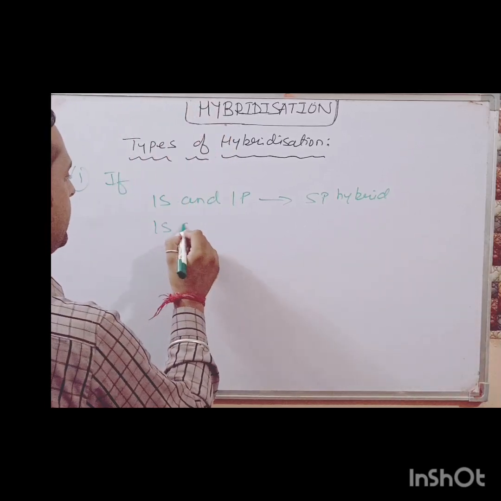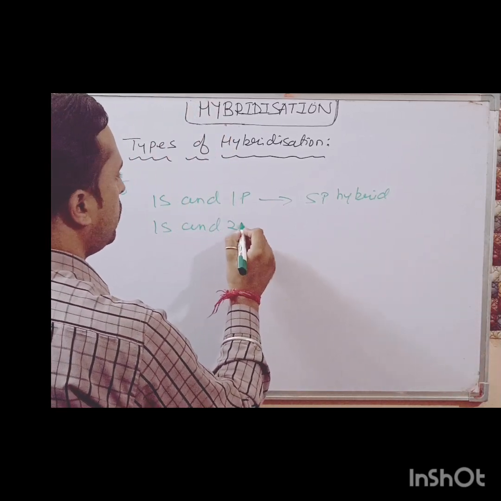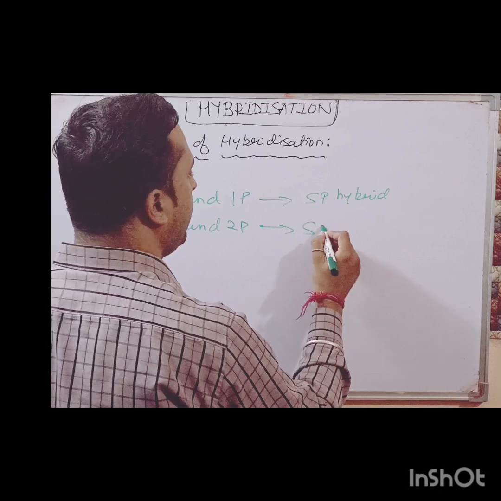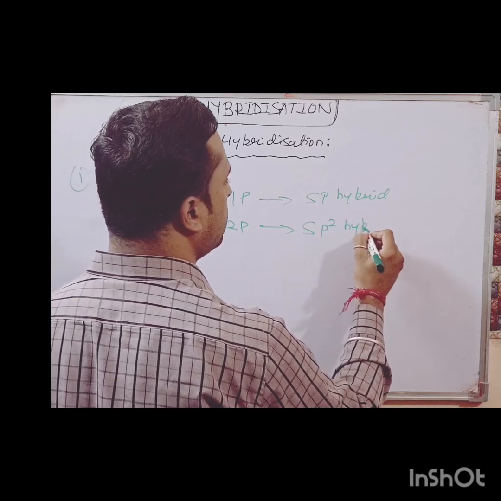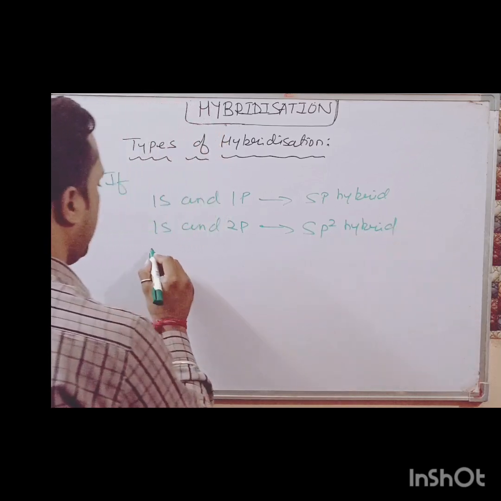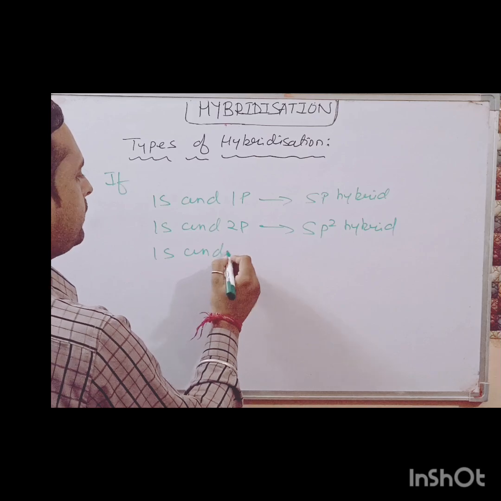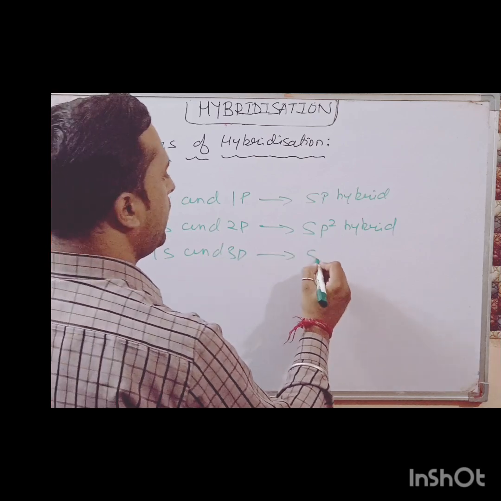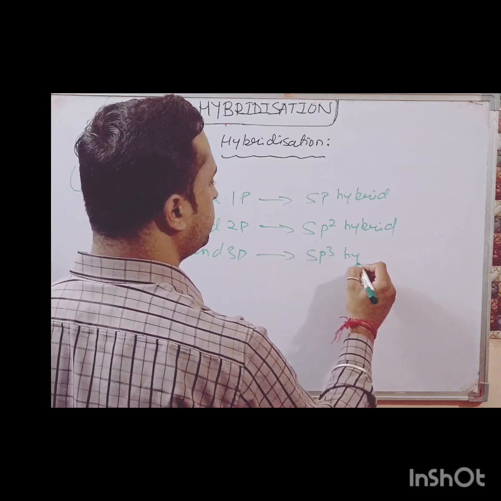If one s and two p combine, they form sp2 hybrid orbital. If one s and three p combine, they form sp3 hybrid.